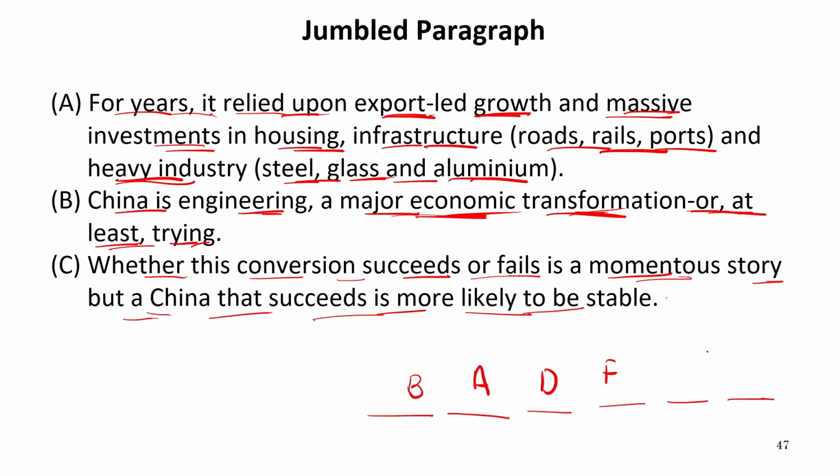Now E can link to sentence F because now they have transformed to something else. Whether this conversion succeeds or fails is a momentous story, but a China that succeeds is more likely to be stable. So after that, we should have C. So the correct sequence should be BADFEC. Now let us see the questions.